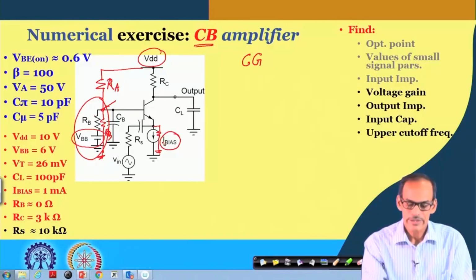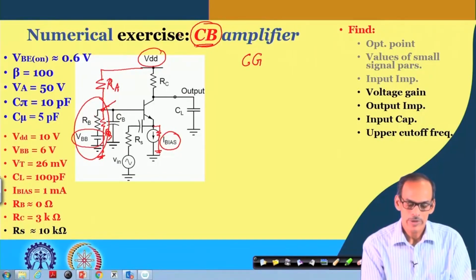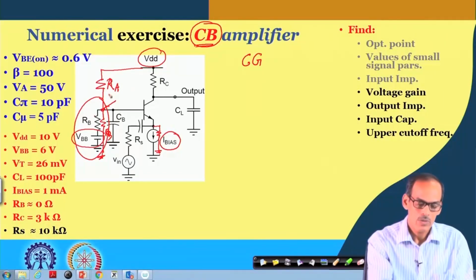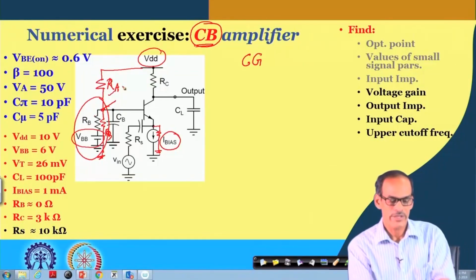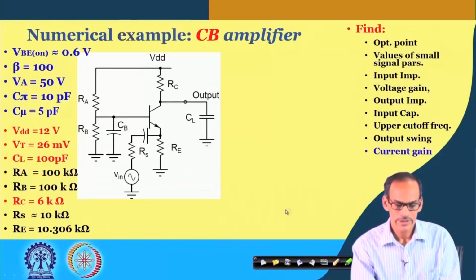So, in our next example, what we will be concentrating on is the common base amplifier, but with a more practical bias arrangement. In the next slide, that is what we have as the example.